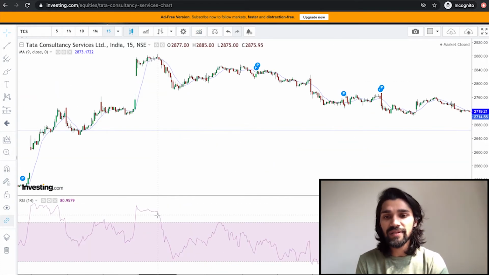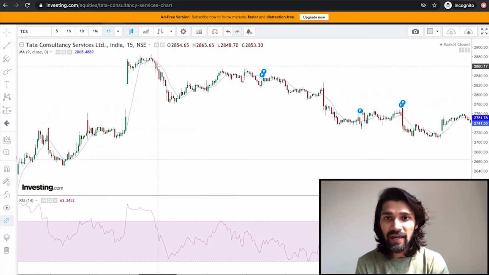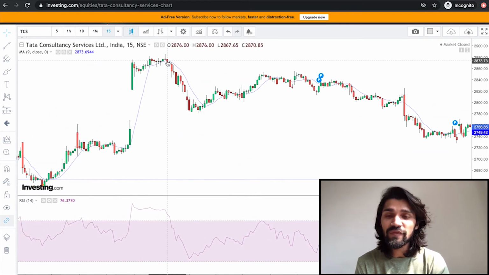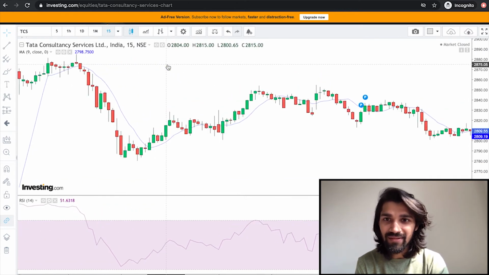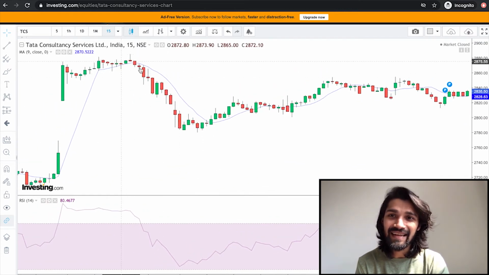Let's take an example at this point. So if you see here, the price is about to cross the 70 level, and simultaneously over here you can see the price is going below moving average level, right? And if you zoom in, I can see there is an evening star that has been forming here.